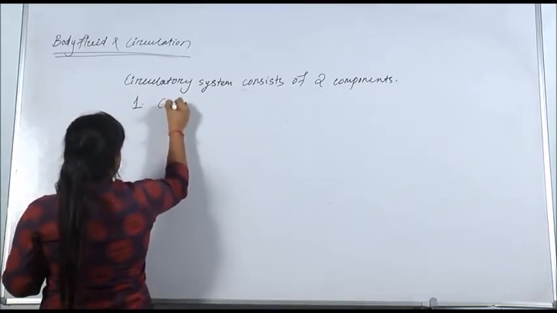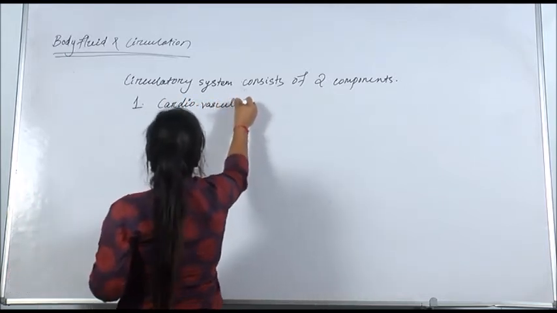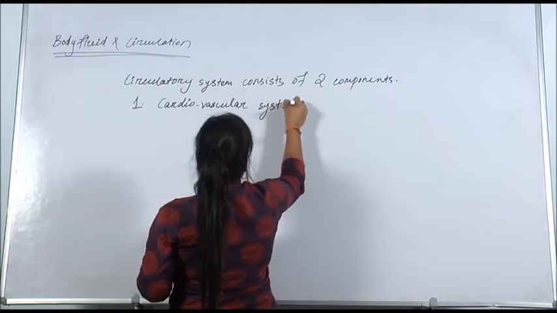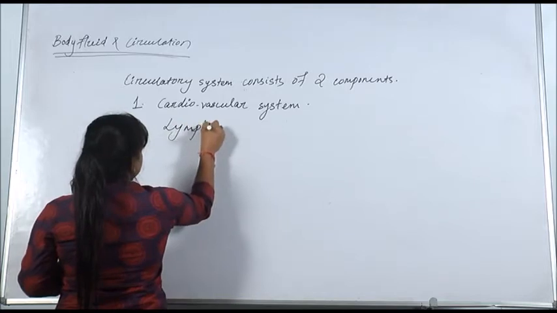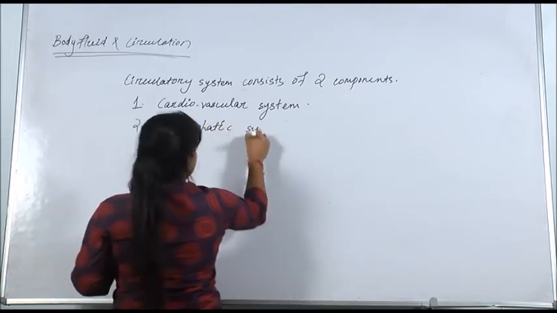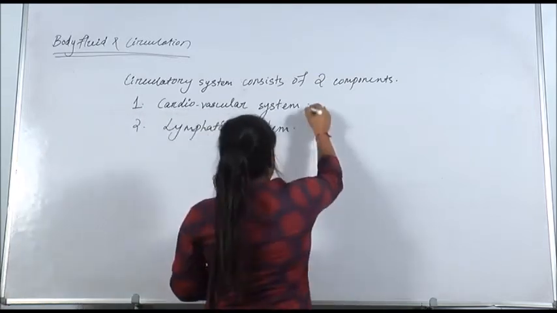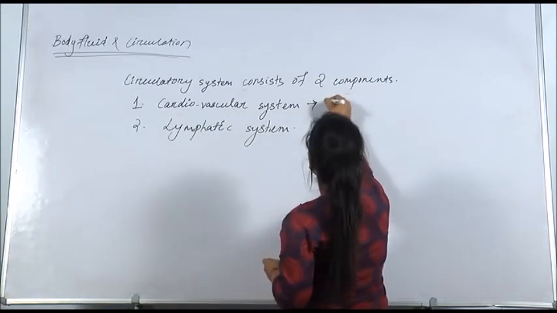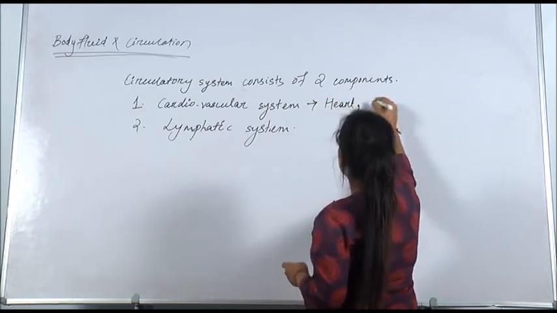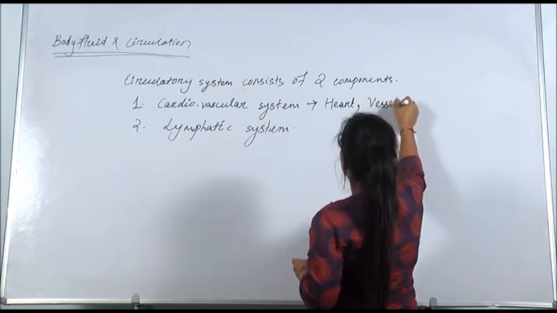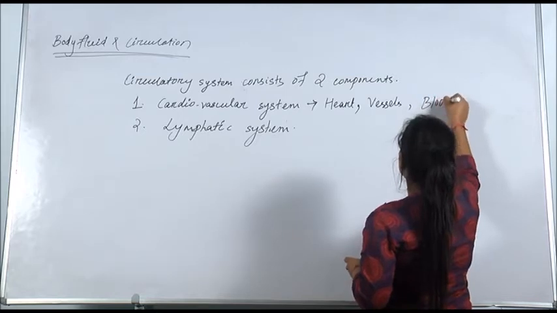First is the cardiovascular system and the second one is the lymphatic system. In the cardiovascular system, there is the presence of a pumping organ, that is mostly the heart, the vessels that will carry the extracellular fluid or blood, and the circulatory fluid, which is mostly blood.